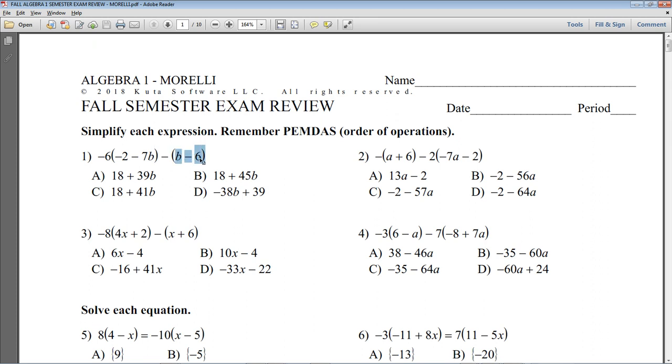So b minus 6, you have two terms, b and -6. So those are binomials. When I say binomial, I'm referring to a group of two. All right, just a point of vocabulary.